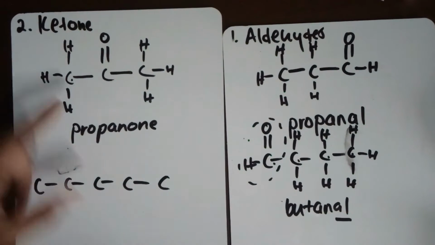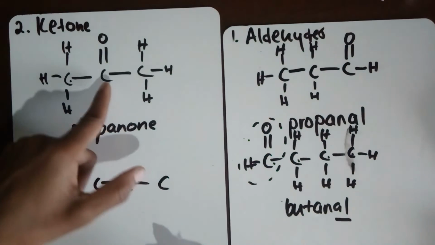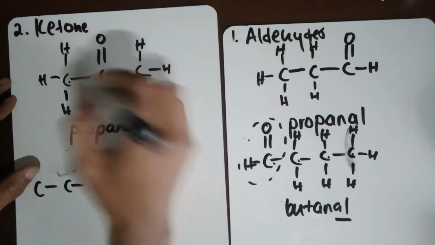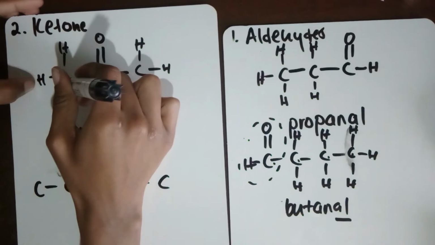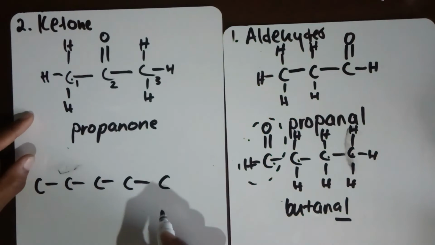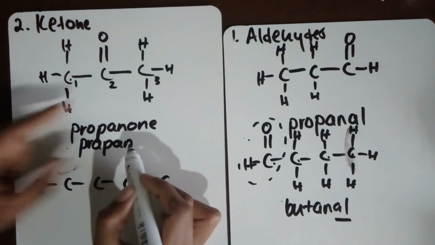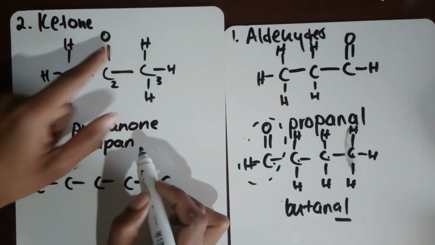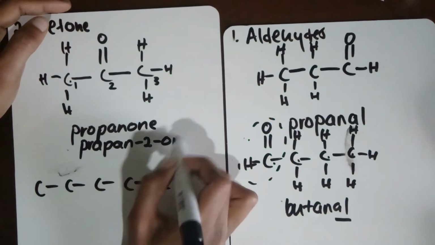This is something that you should have noticed. For this, somebody might say, okay, I can start labeling my carbons from 1, 2, 3. And if I name this, I can already say this is propan, because the double bond is on carbon number 2. It's going to be propan-2-one.